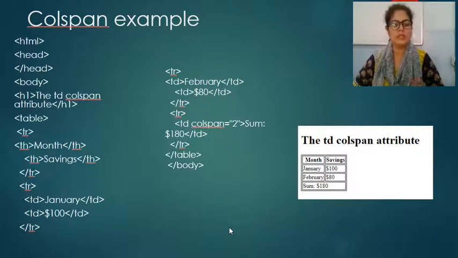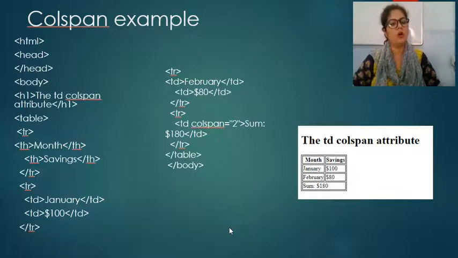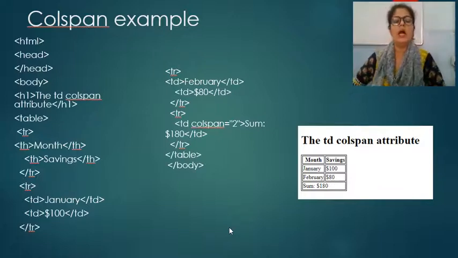So in CS1 you have a total of 4 units. The first unit was data structure, the second unit was operating system, the next unit was C++, and the fourth unit was HTML.